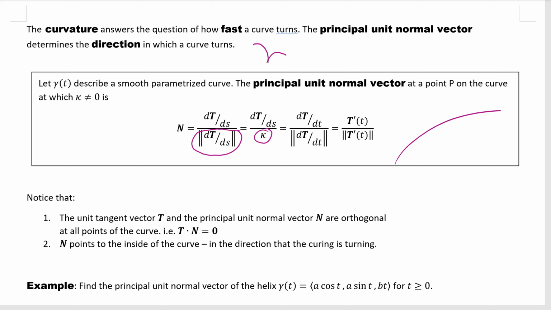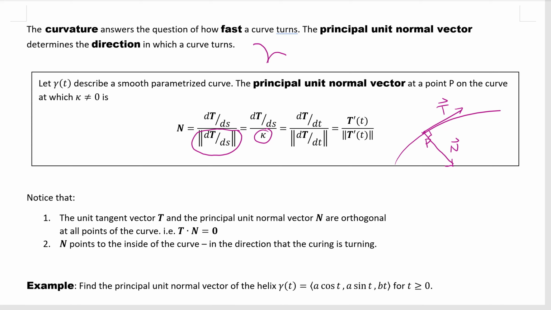So suppose we have a curve, and at this point P, what is T? This is T, the unit tangent vector, and then what is N? Well, N is perpendicular to the unit tangent vector, and the magnitude of the unit normal vector is 1, and it's pointing in the direction in which the curve turns.